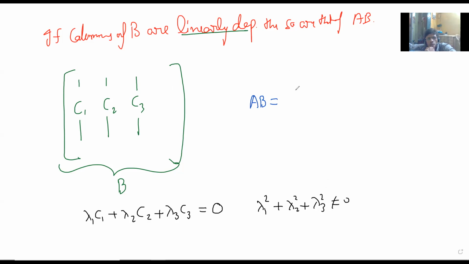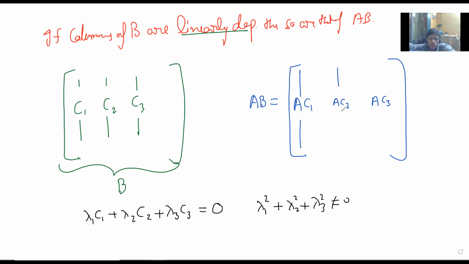A times C1. Yeah, that's how it should be. Does everybody see this? So this is the first column of the output. So let's see if everybody sees this.